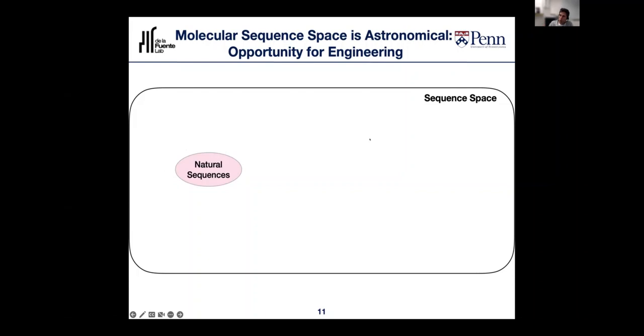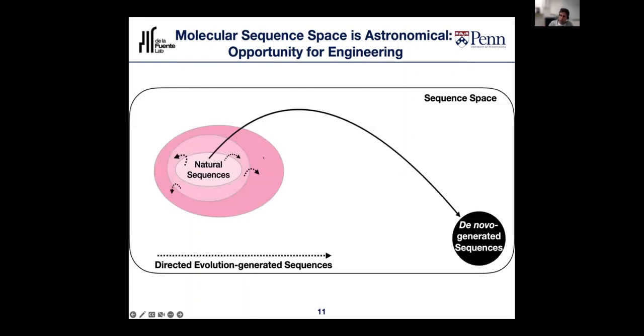And so what machines can help us do is also expand the boundaries of sequence space to try to reach some of these white areas of unexplored sequence space that may yield peptides or different molecules that can help us solve present-day problems, such as, for example, antibiotic resistance. So that's kind of the hypothesis that we have. And so we clearly needed computers to approach this problem or set of problems.